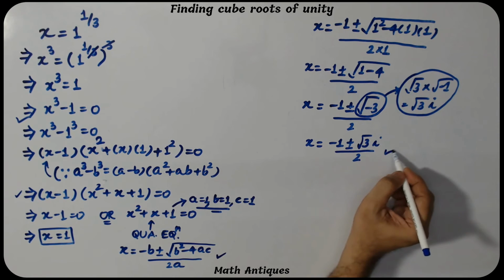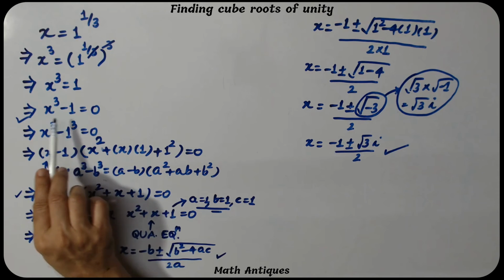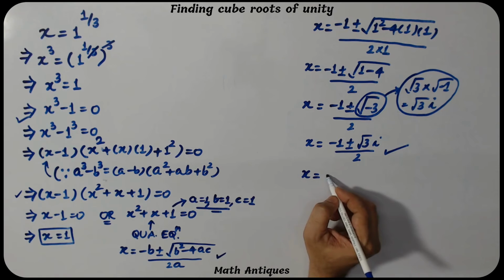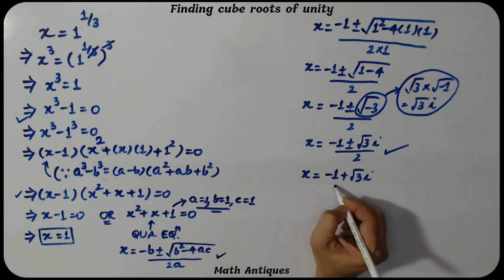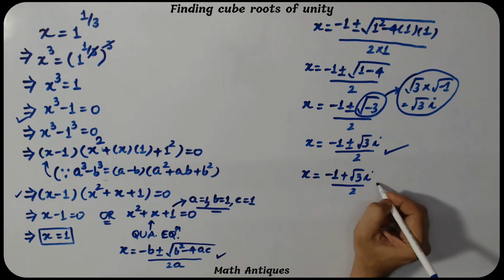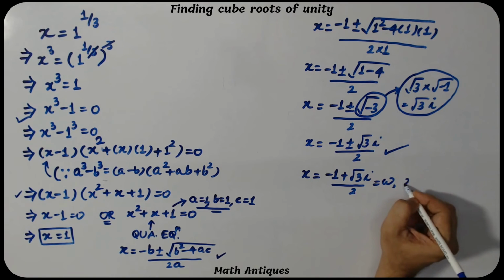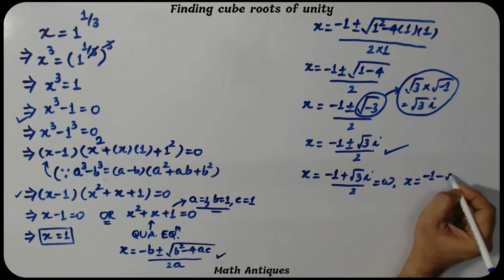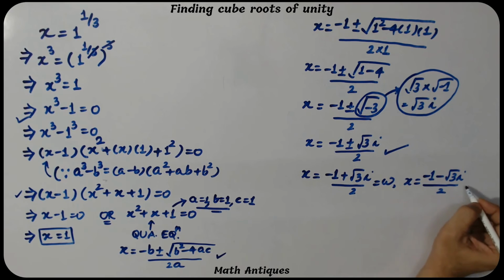So this is going to give you two more roots of this cubic equation. So the second cube root of unity is minus 1 plus root 3i by 2. Sometimes we write this one as omega, and another one is x is equal to minus 1 minus root 3i by 2, and we write this one as omega square.